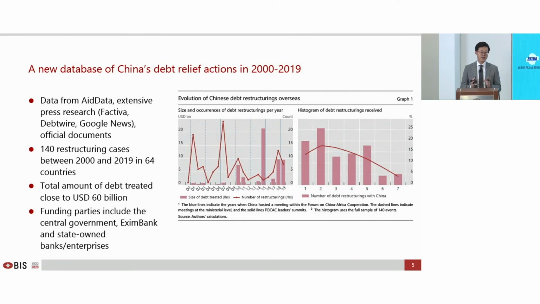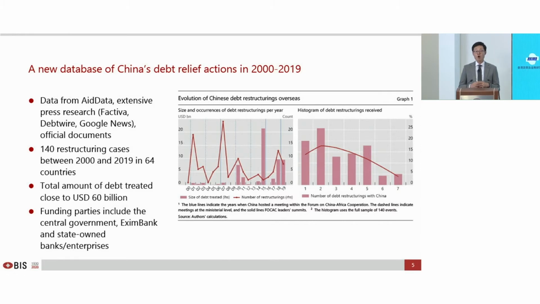But this really depends on what we mean by official debts and what the counterparties from China are. In our database, when we talk about Chinese lenders, that includes the central government, but also policy banks like Exim Bank, together with other state-owned banks, so commercial banks, and state-owned enterprises. In a few cases, we have data about China Development Bank, but this is rather an outlier.